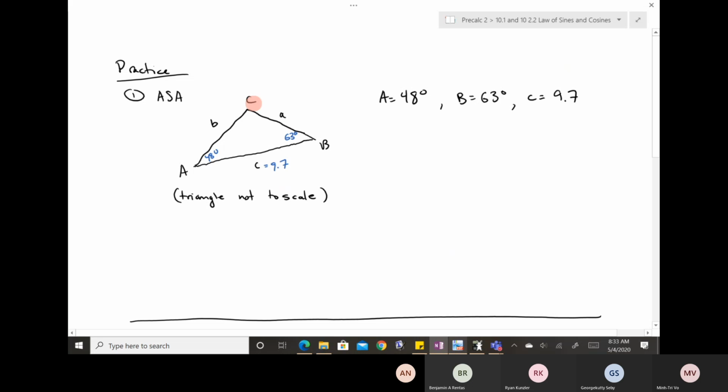So to figure out angle C, it's similar to before, right? Because I know two of the angles, so I can calculate it with the rule that all three should add up to 180. So angle C would just be 180 minus 48 minus 63.